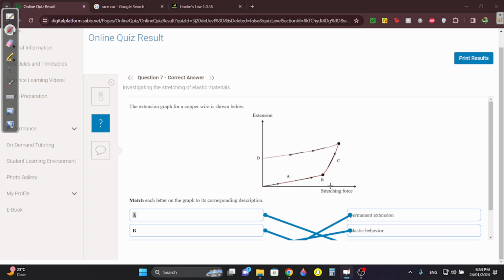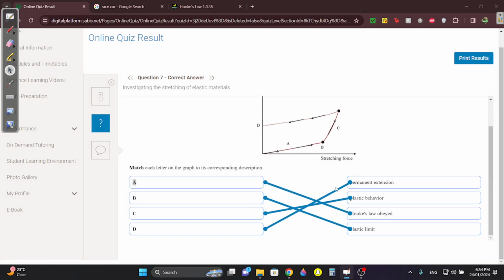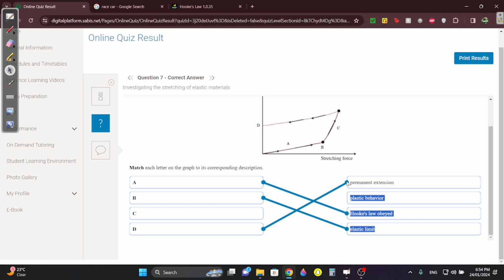Because here it's permanent, it can't go back because we broke the string. Then D is plastic behavior.